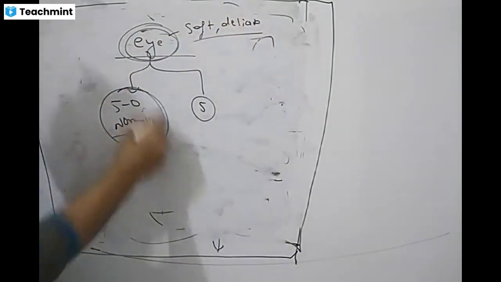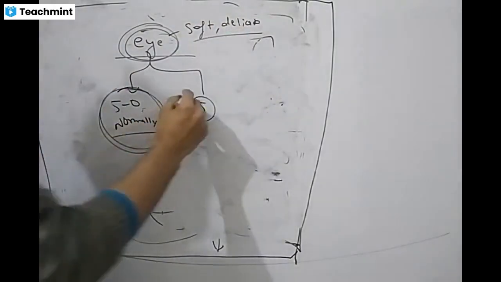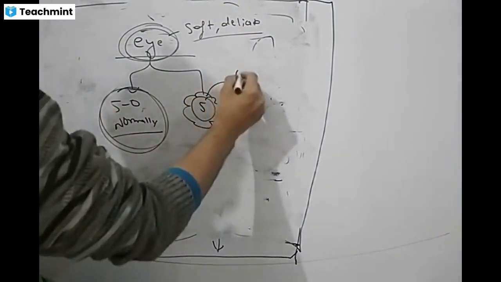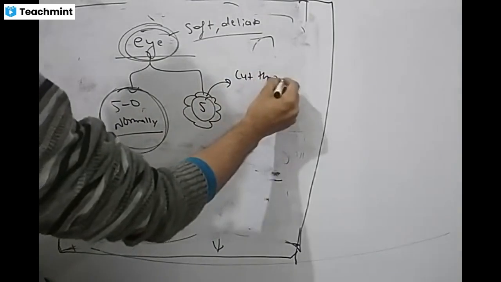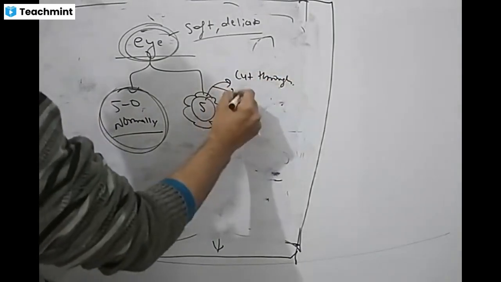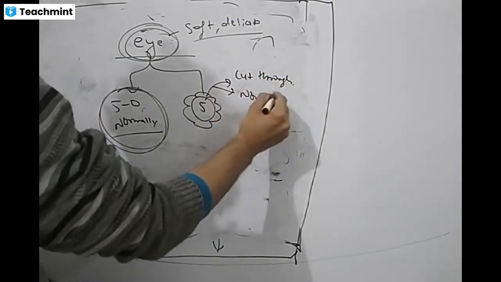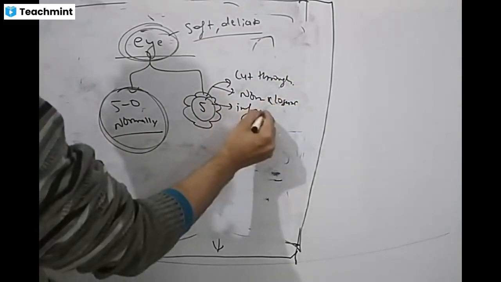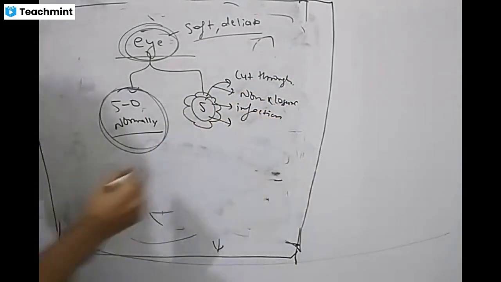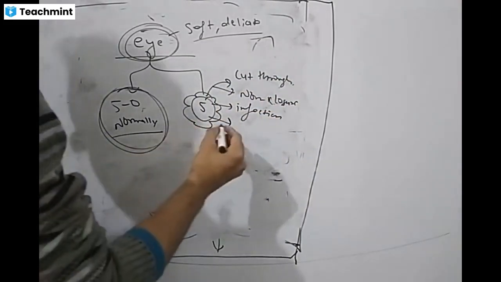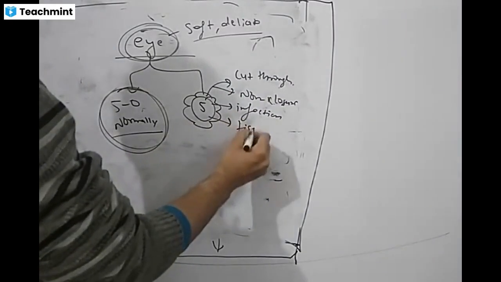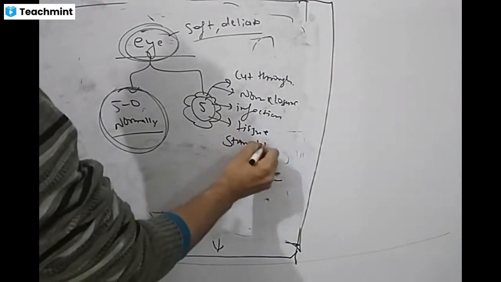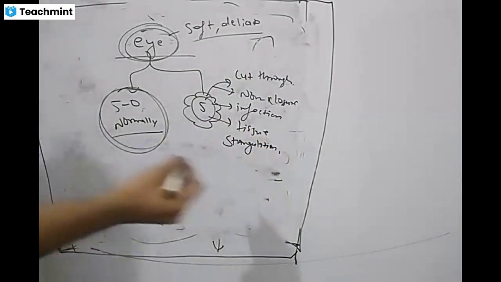We should use 5-0, but if you use number 5 in the eye, what will happen? It will cut through the eye soft tissues. That may lead to non-closure, infection, tissue strangulation, or delayed healing of the eye.